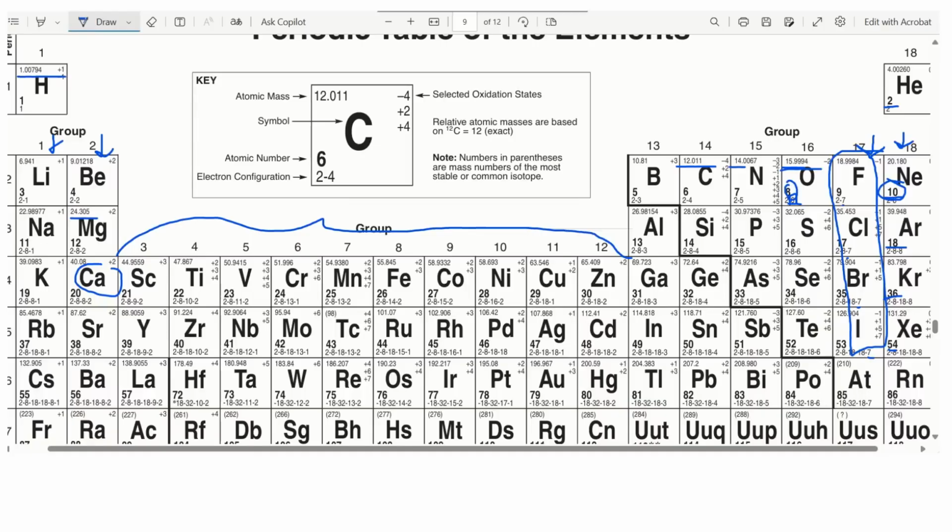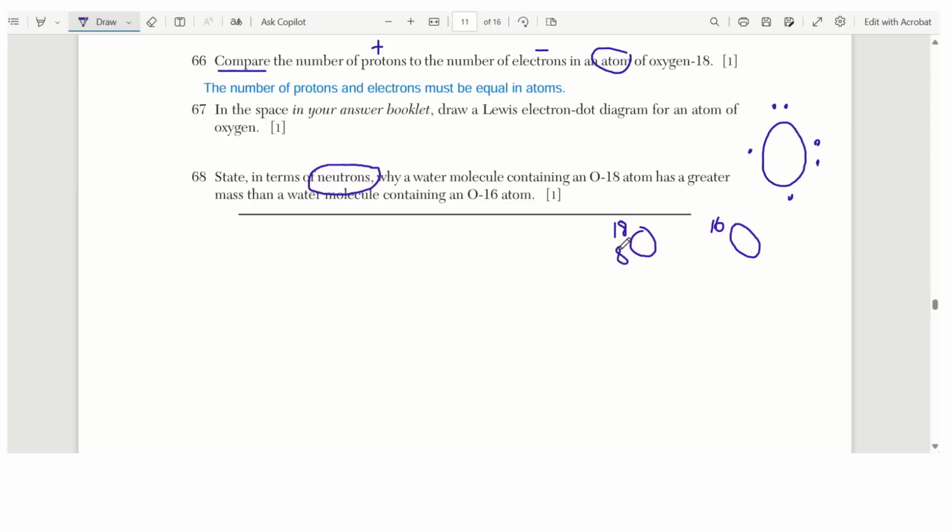Oxygen's atomic number is 8. So I don't care if it's oxygen 18 or oxygen 16, it has 8 protons. So when I subtract these, that tells me the number of neutrons. So why would a molecule that has oxygen 18 have a greater mass?